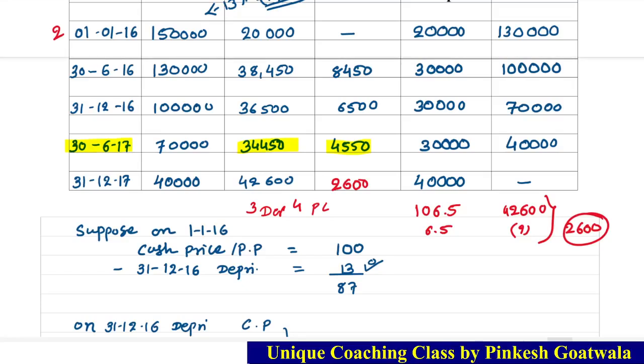So there will also be first two journals about the installment and interest, and then the transfer journal. The amounts are 2600 and 42600.